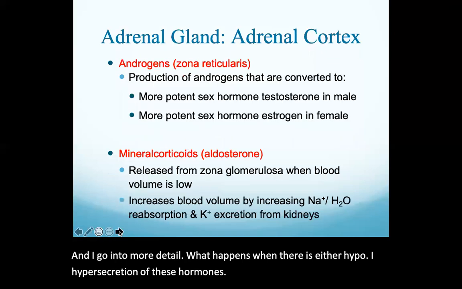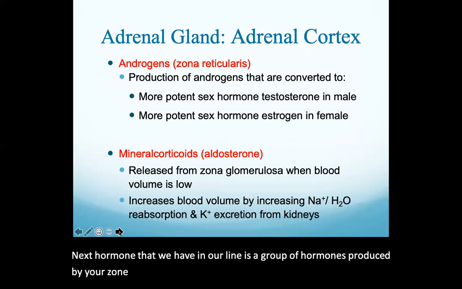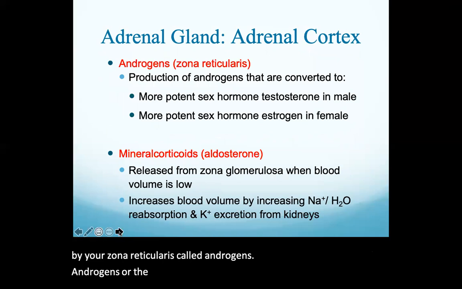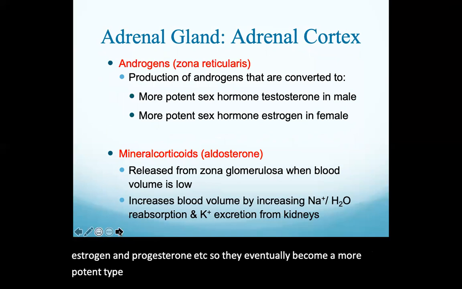Next hormone that we have in our line is a group of hormones produced by your zona reticularis called androgens. Androgens are the precursors to the sex hormones, testosterone, estrogen, progesterone, etc. So they eventually become a more potent type of hormones in both male and female, which we identify as sex hormones.